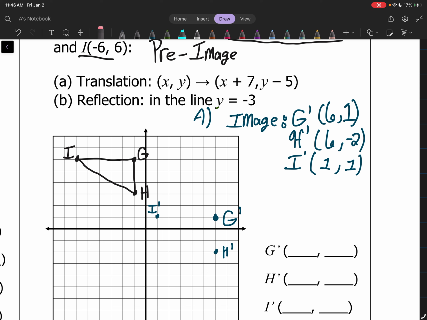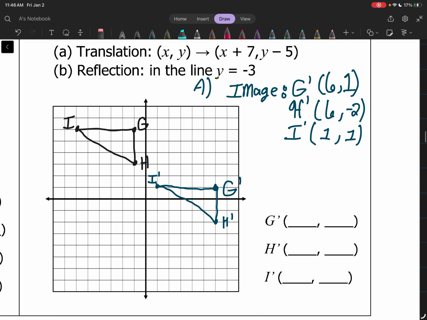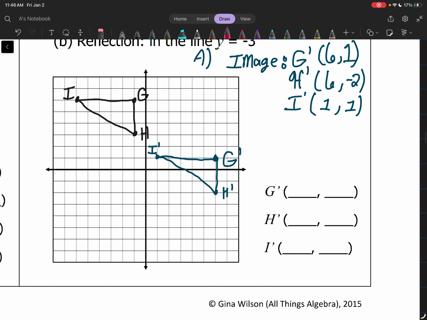From here, let me draw my figure. That was an eraser, my bad. From here, we're reflecting it over the line y equals -3. That is this line. But when we finish, we're going to get our final image.